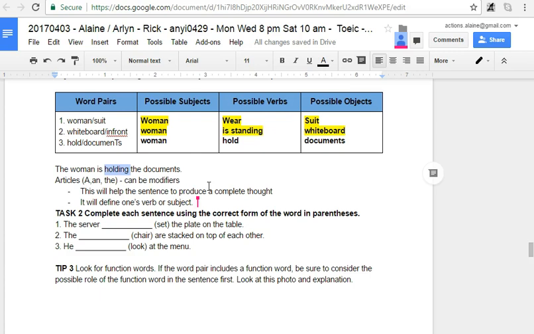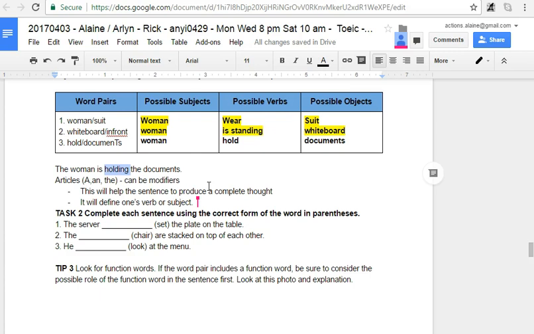It will make the sentence incomplete, because again, "the" is a modifier and an article, and it is used to describe one's object or subject.